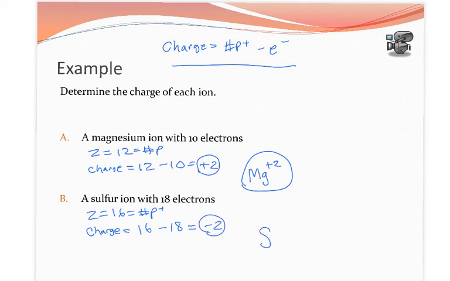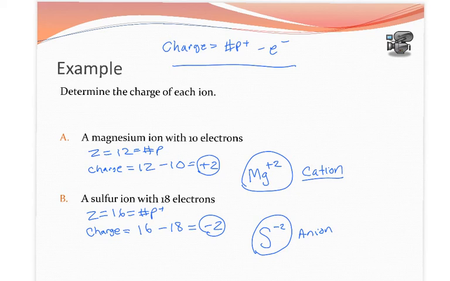So sulfur is written like so. And in this case, it is an anion because it's negatively charged. This is a cation because it's positively charged.